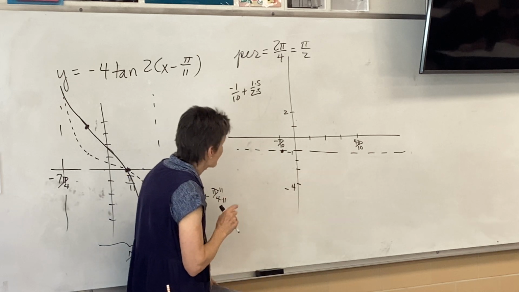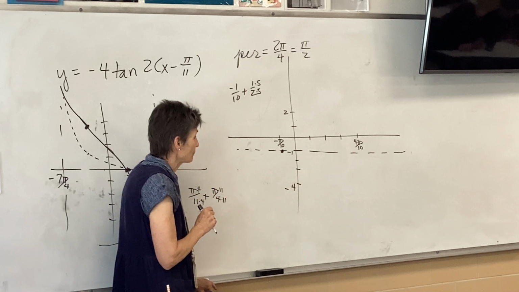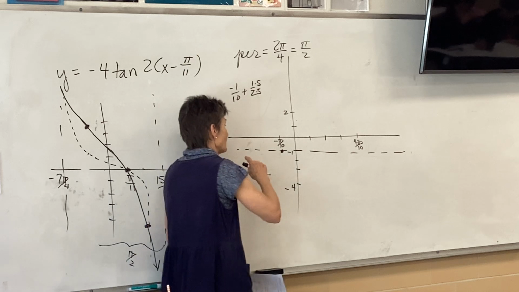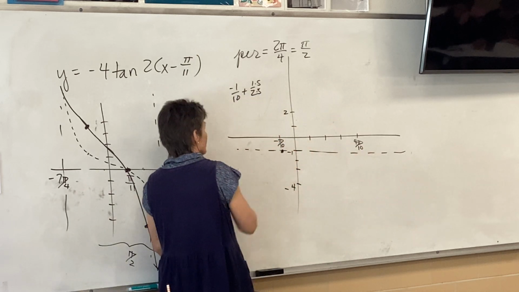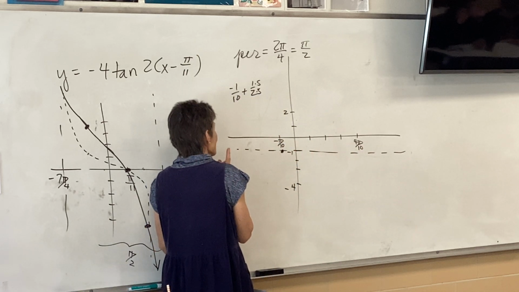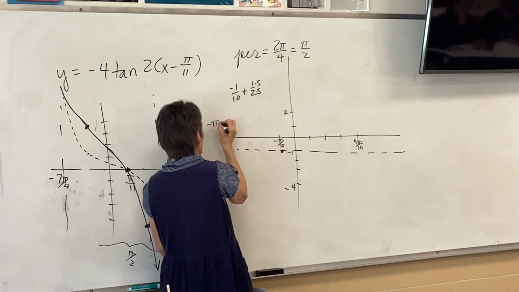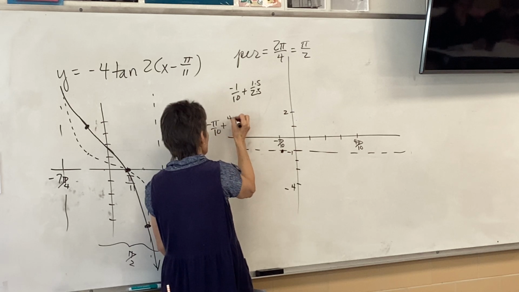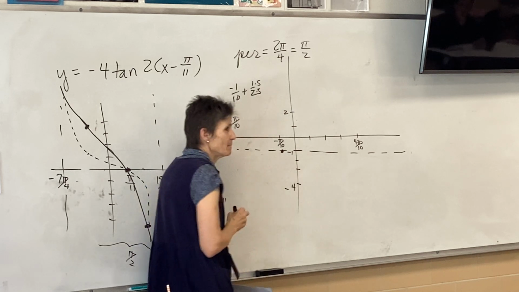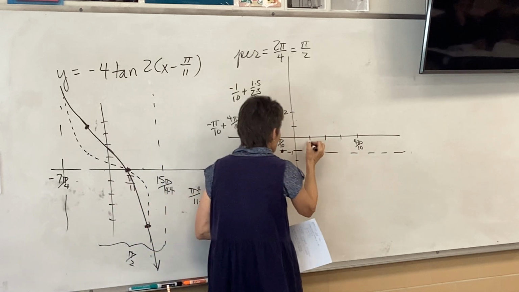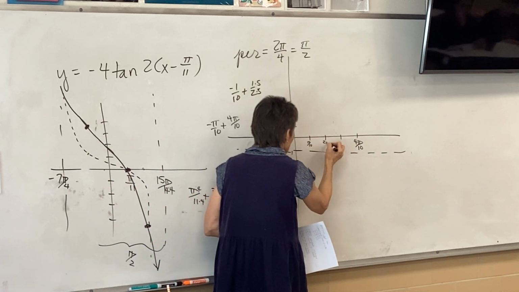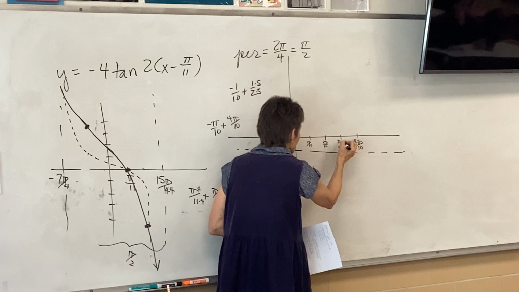Oh wait, I forgot. Okay, now I need to figure out my labels in here. So what is right in the middle of -1/10 and 4/10? What's right in the middle of that? This is 1/10, this is 2/10, this is 3/10.